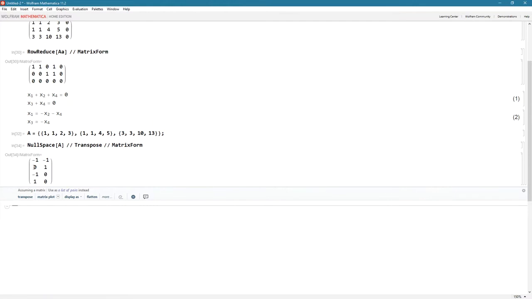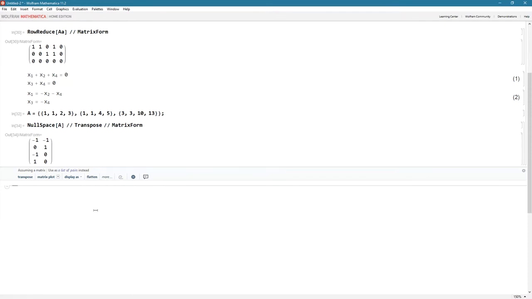Here we can see x2 is 0, and in this one we see x4 is 0, and in the first one x sub 4 is 1, and here x sub 2 is 1. So it's just in the reverse order, but it gives me that exact null space. So just as we did on the board, Mathematica is going to give you this exact same solution. Now let me show you how we can test what we did on the board.